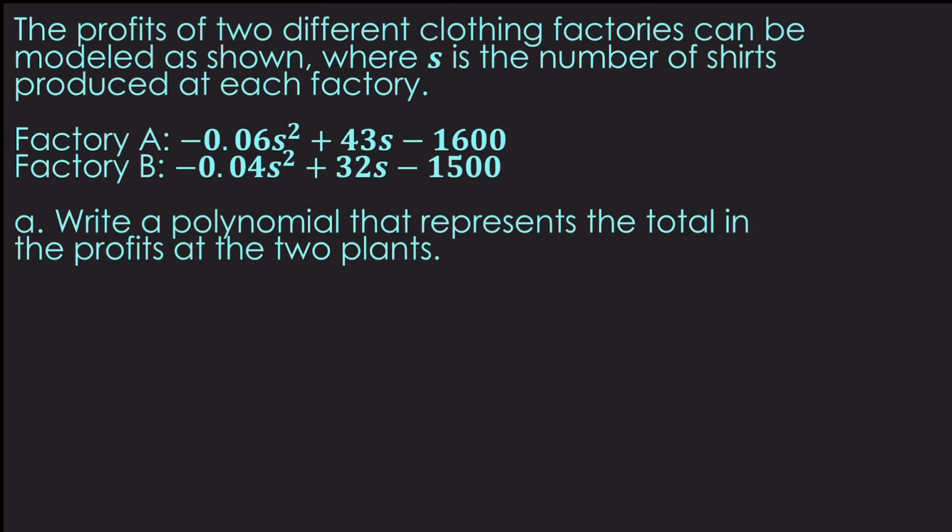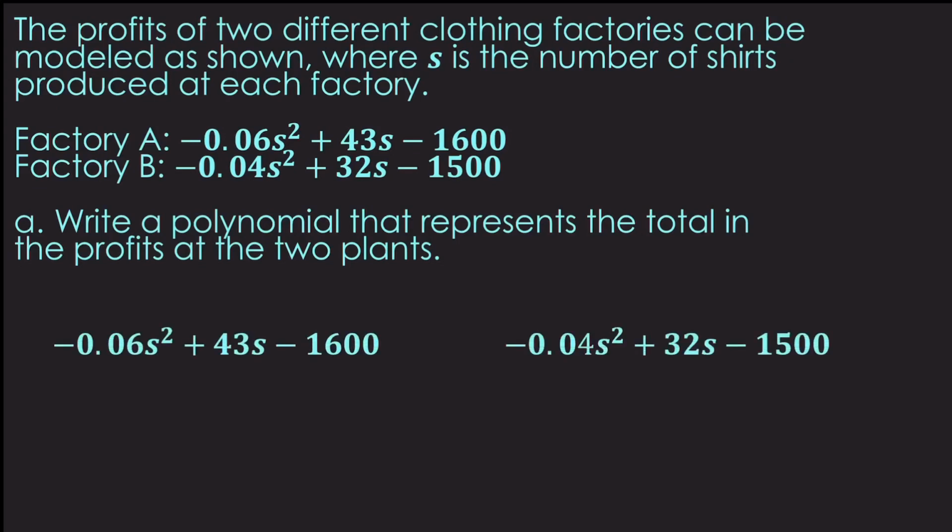For example, this now says, write the total of the profits of the two plants. So total would tell this corporation how much money they're benefiting from both. So what that tells us is we take factory A and factory B, but this time total tells me to add. I still want to put my parentheses because I want you to remember something.